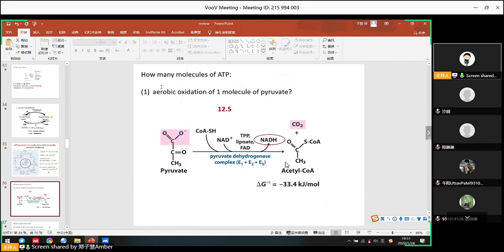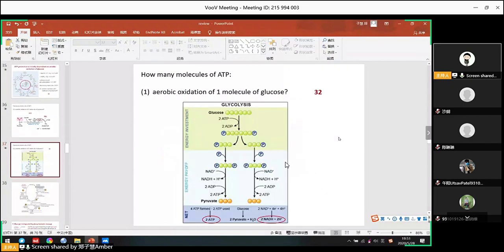And if I change the question to how many ATP from the aerobic oxidation of one molecule of pyruvate, it's 12.5, because for pyruvate to acetyl-CoA, it will produce one molecule of NADH, which produces 2.5 ATP. And if I'm asking how many molecules of ATP from the aerobic oxidation of glucose, you have to combine it with the ATP and NADH from glycolysis.